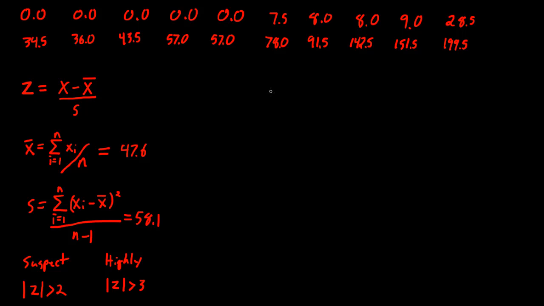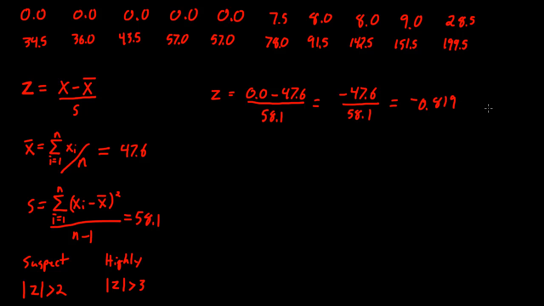So to start that out, we're just going to start with our lowest data point, or 0.0. So we're going to say that z is equal to 0.0 minus our sample mean, so minus 47.6, divided by the sample standard deviation of 58.1, and we get negative 47.6 divided by 58.1, which gives us a value for the z-score of negative 0.819.